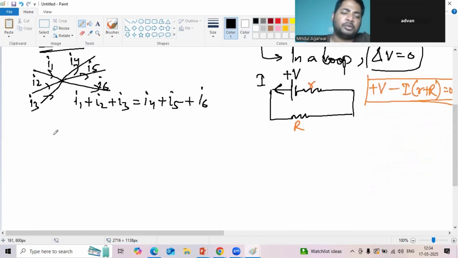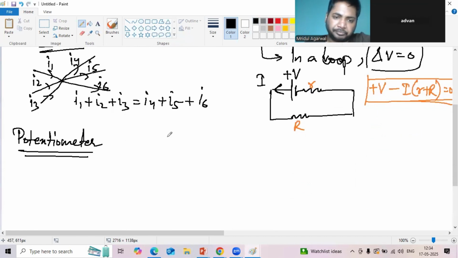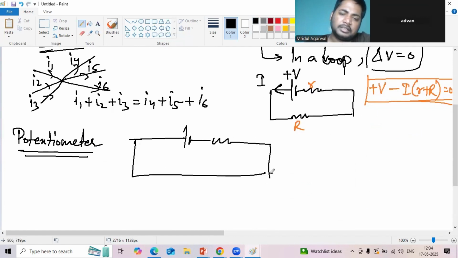We have one more thing known as the potentiometer circuit. In the potentiometer, suppose this is your main circuit. You apply the EMF and the resistor, and then you have a galvanometer placed with the jockey over here.